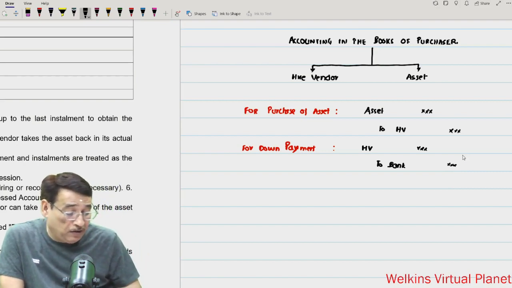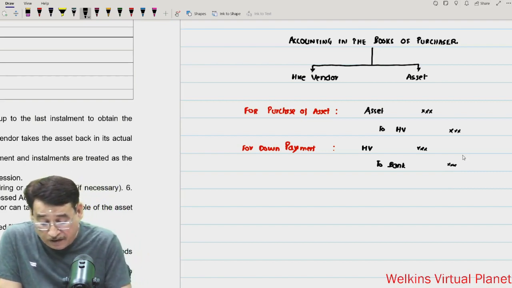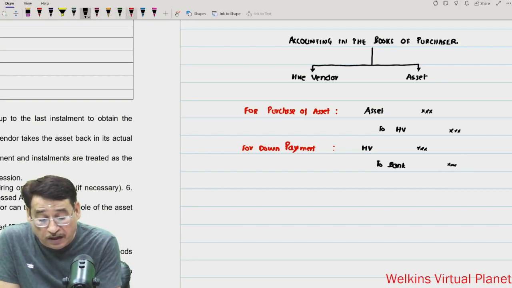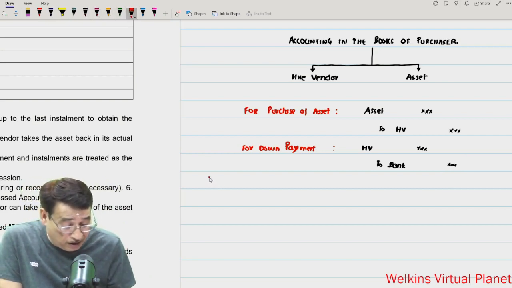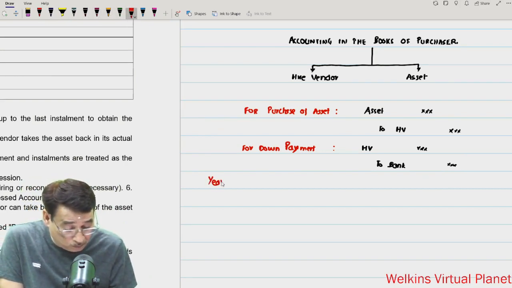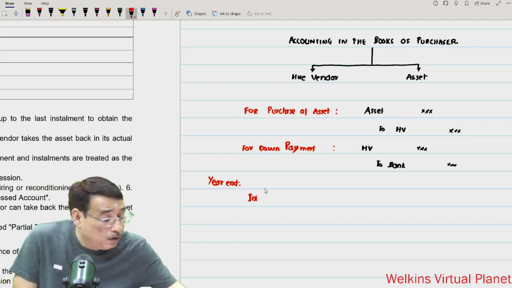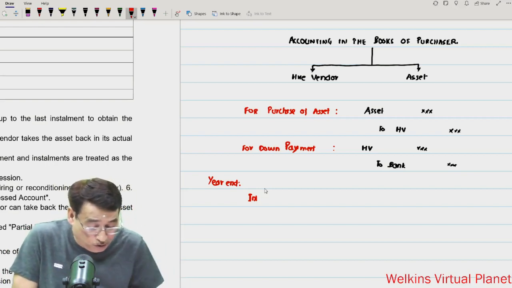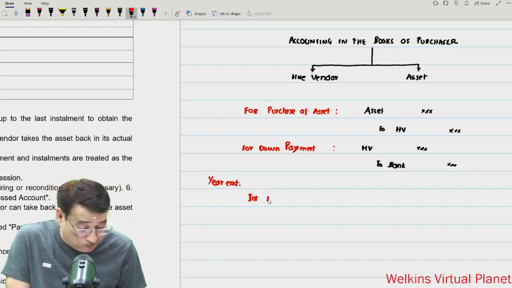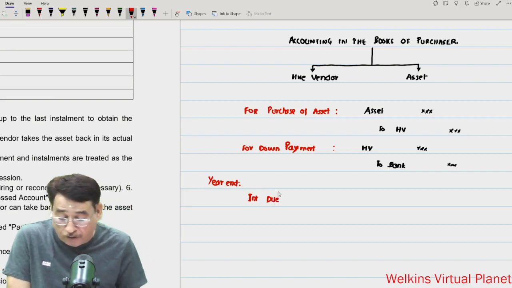Then we will reach the year end, and at the year end, we are going to pass the entry first of all for interest due.